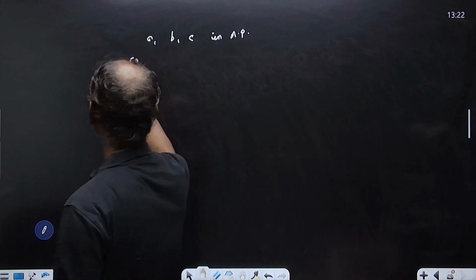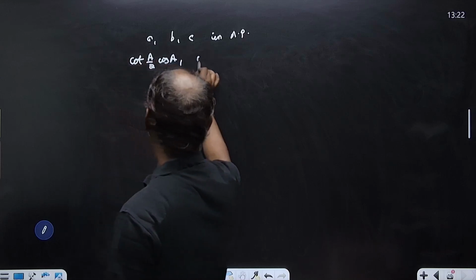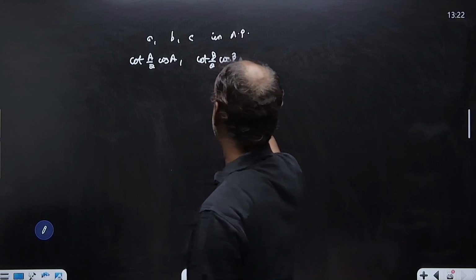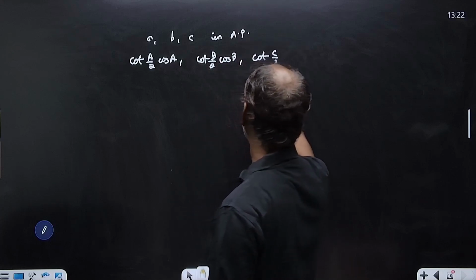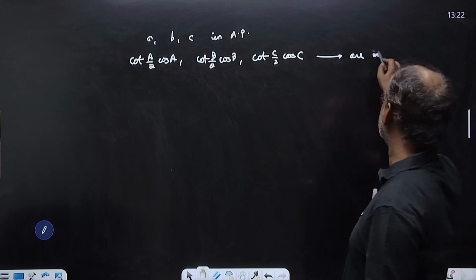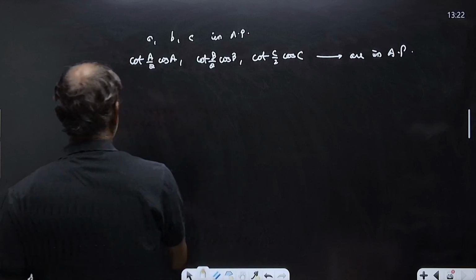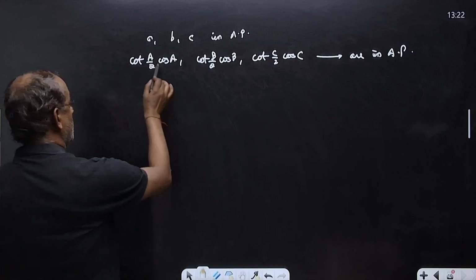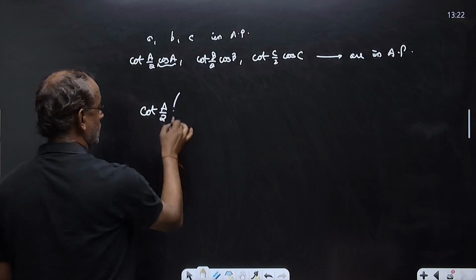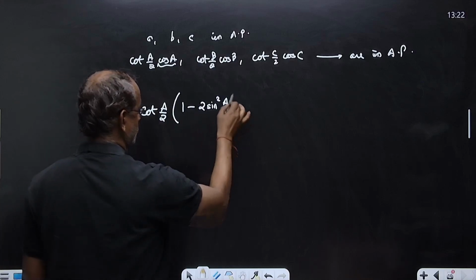So cot A by 2, cos A, cot B by 2, cos B, cot C by 2, cos C. Because cot A by 2 and what is cos A? 1 minus 2 sin square A by 2.